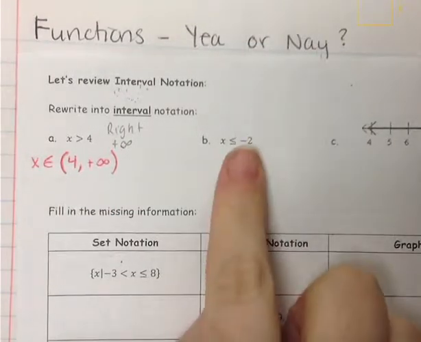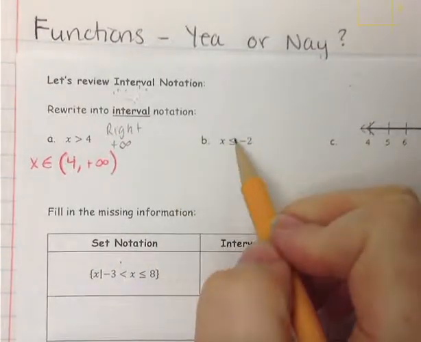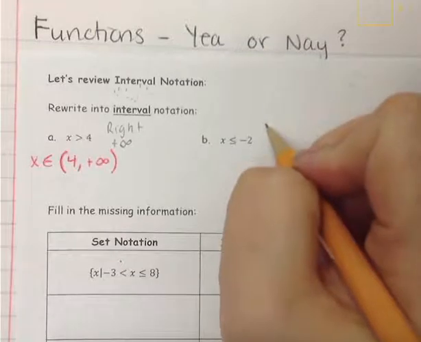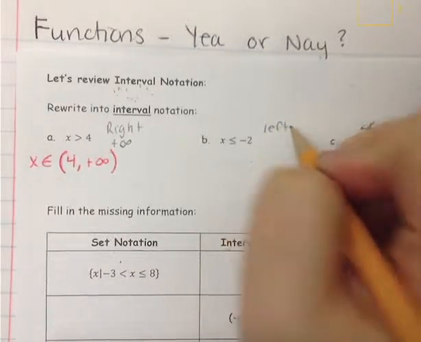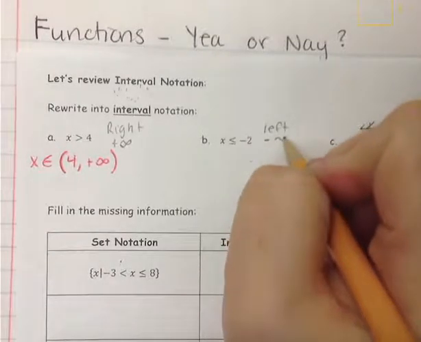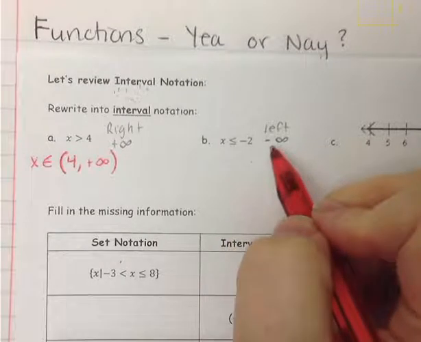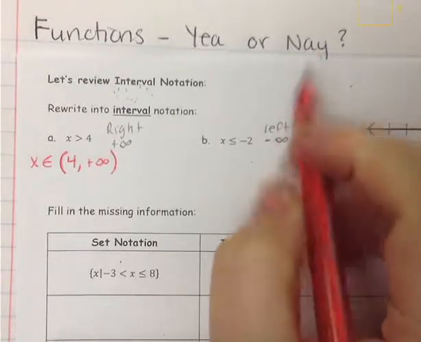On this next example, it says x is less than or equal to -2. Since it is less than, this will be going towards the left-hand side of the x-axis, which means it will go towards the negative infinity. With that, the smallest value between -2 and negative infinity is negative infinity.